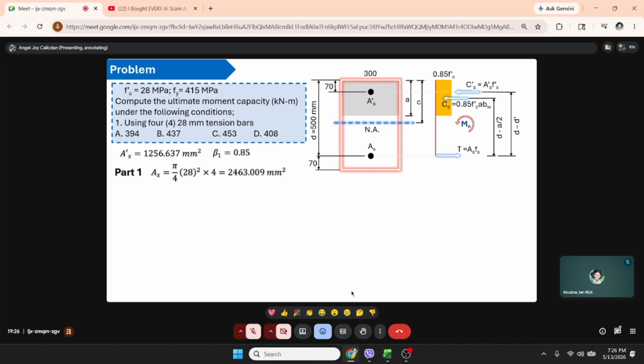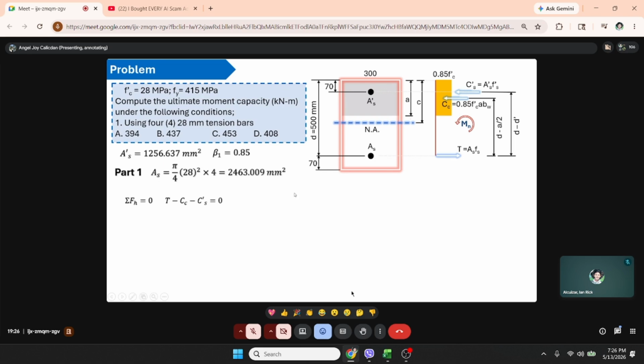and if we solve for its area, we have 2,463.009 square mm. And same ra Japon, mag-summation of force horizontal, but tulo na ka forces involved aside sa compression due to concrete and tension due to the tension steel.